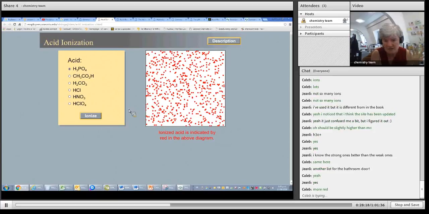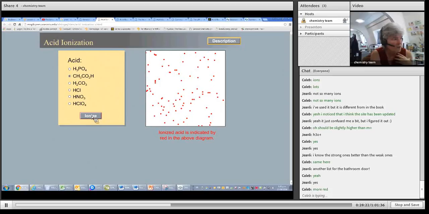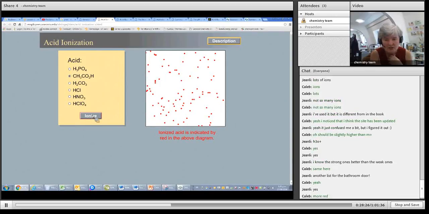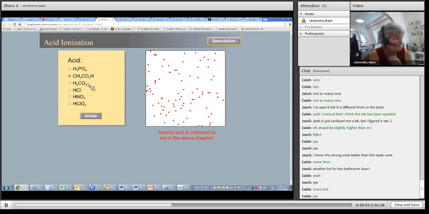Every red spot's like a hydronium ion. What do you think for methanoic acid? Would it be similar to ethanoic? Yep, okay. So if I ionize that, it's pretty much the same.